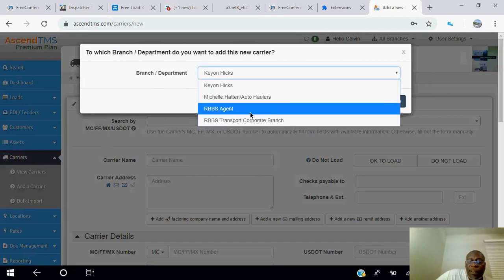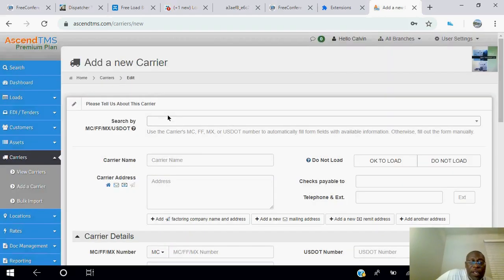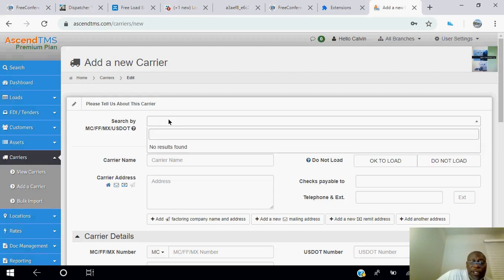Continue, and you're going to go right here where it says search by MC, all those different numbers, or US DOT number. So all he's going to do is ask you for a DOT number.